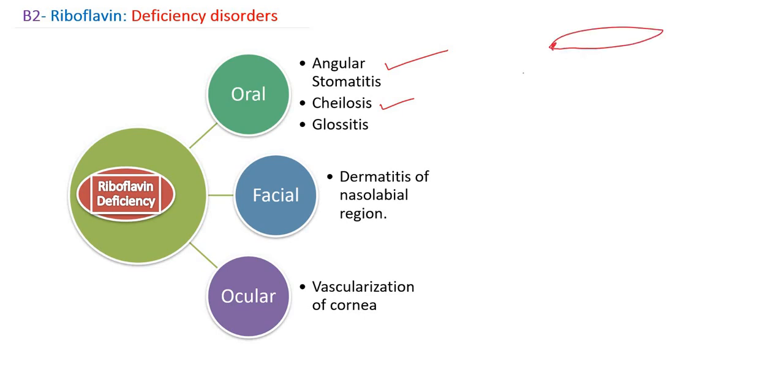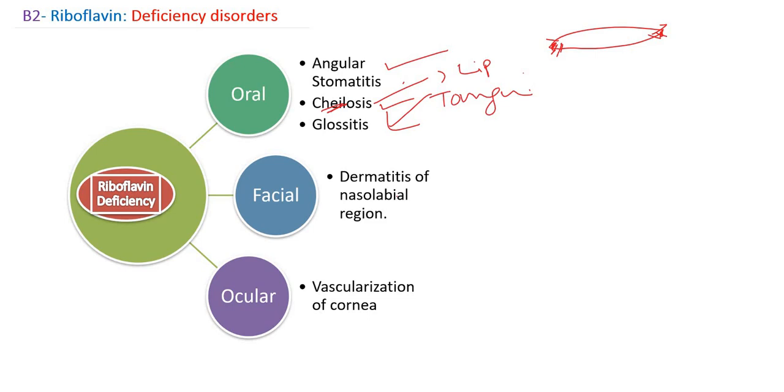If there is any inflammation in the angle of the mouth, we call it angular stomatitis; if there is any fissure, we call it cheilosis, where cheilo stands for lips. Glossitis means inflammation of the tongue.